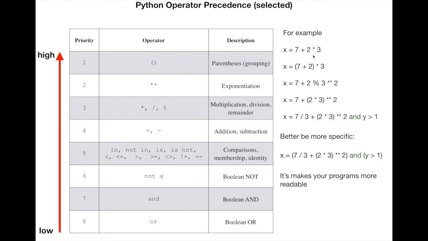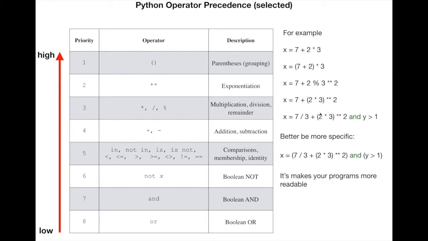So for example, for x equals 7 plus 2 times 3, as you may have learned from mathematics, we do 2 times 3 first, and then plus 7. But if there's a parenthesis, we always do what's inside the parentheses first, and then times 3. So you can see how you calculate these expressions with the priorities shown here.